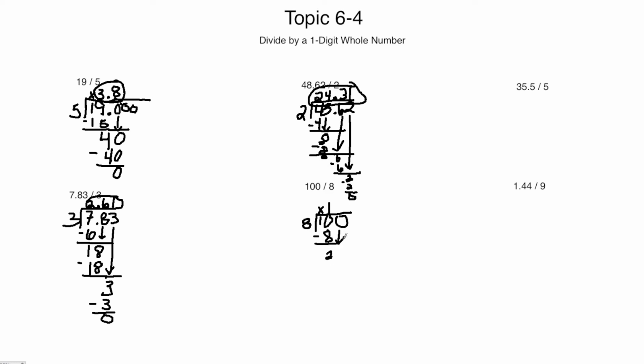Bring down the 0. How many times can 8 go into 20 without going over? 2 times. 2 times 8 is 16. 20 minus 16 is 4.